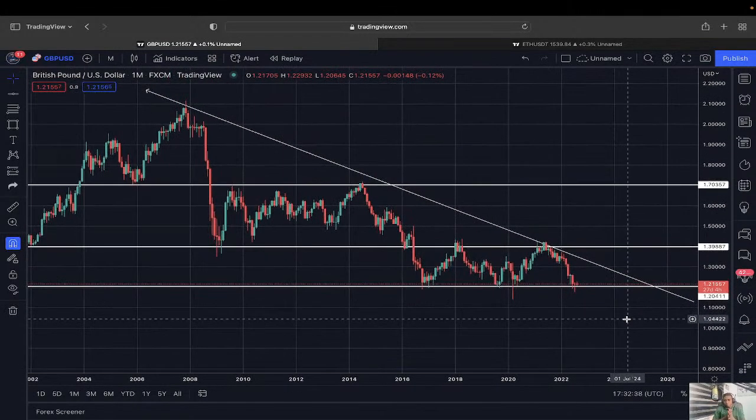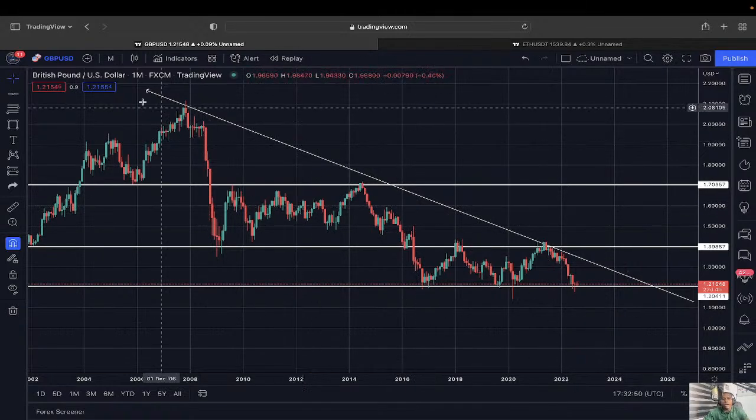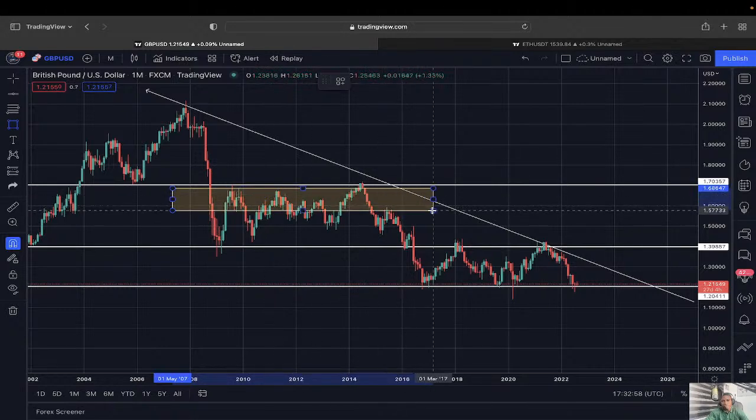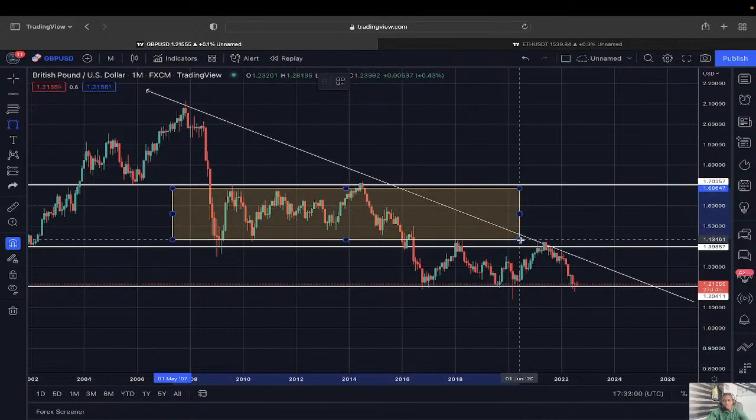Look at what we have from the monthly time frame. We can see that the market has been on a downtrend. See this ranging, it ranged from here to here.